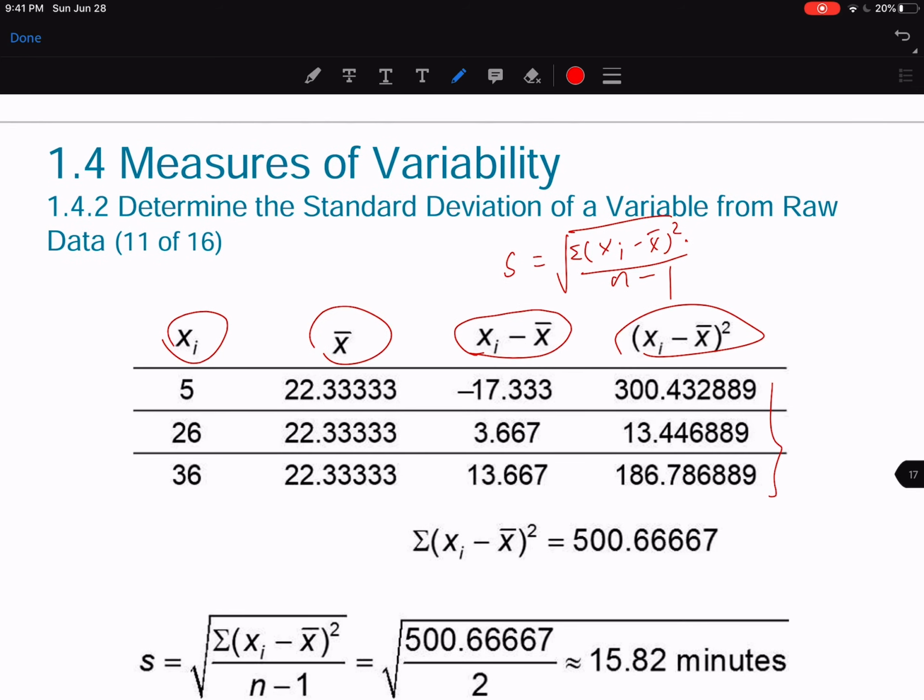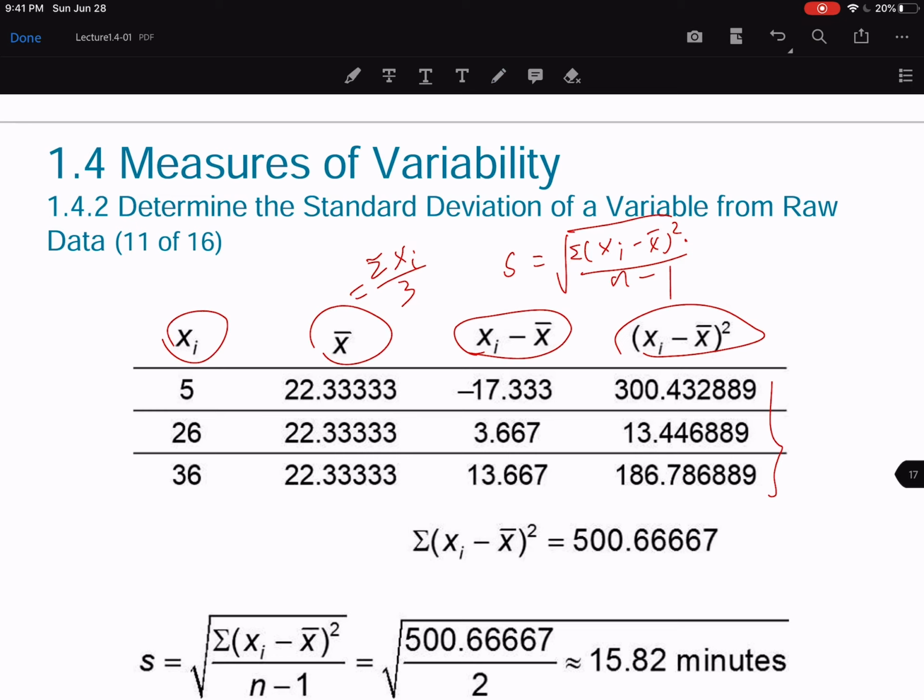Now, we know x bar is equal to the sum of xi divided by 3 in this case. That's how we calculate the sample mean.